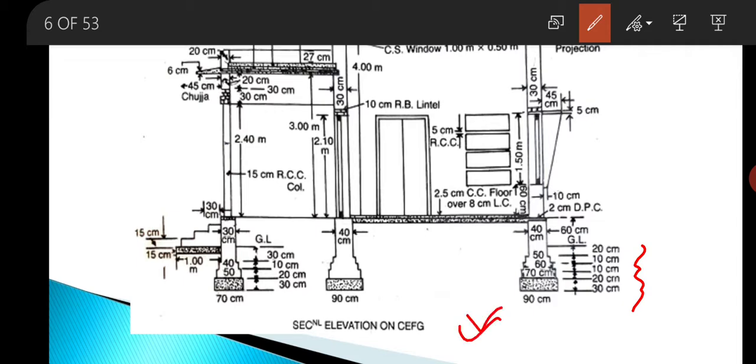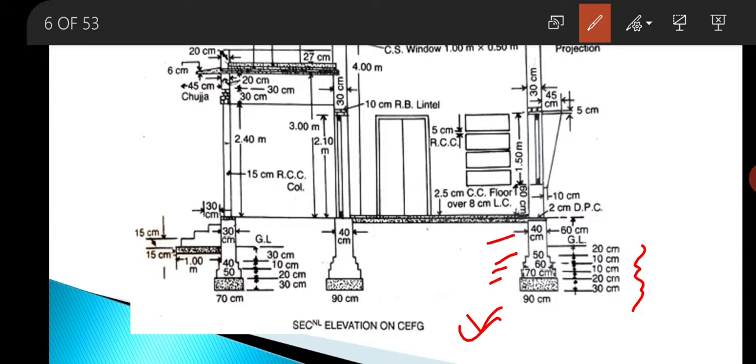In this diagram you can see, after the concreting work of 30 centimeter width, there are 3 numbers of footing. One is 70, second footing is 60, third footing is 50, and then there is a plinth wall of 40 centimeter width. So there are 3 footings and a plinth wall.